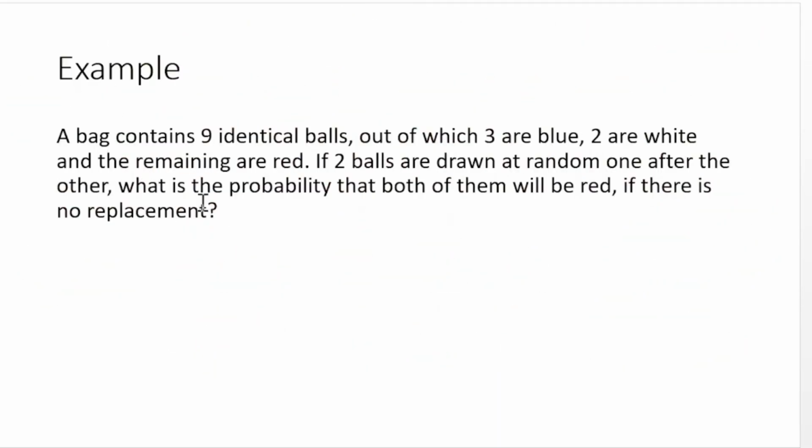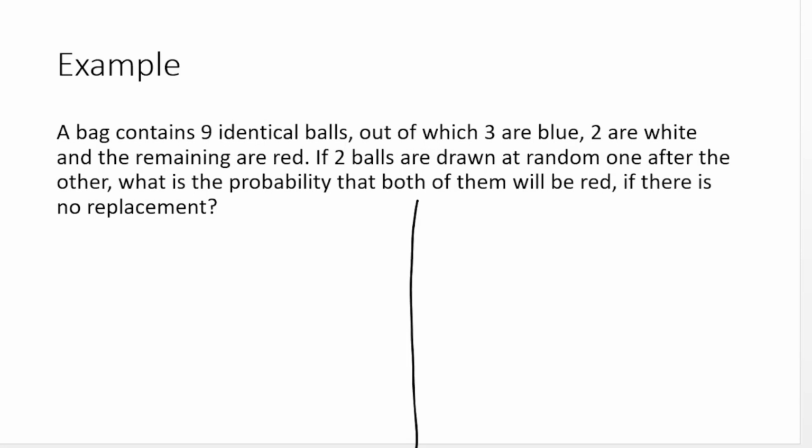So example under this one. We have this: a bag contains 9 identical balls, out of which 3 are blue, 2 are white, and the remaining are what? Red. So in this case, the sample space here is 9. Number of blue is 3.